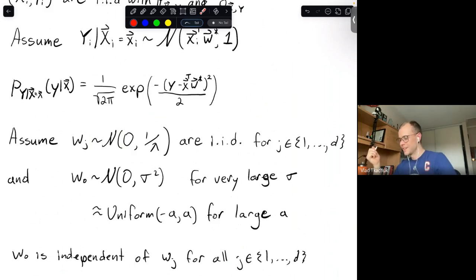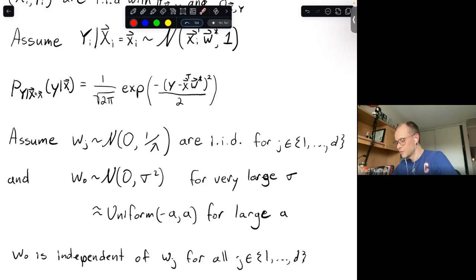And how likely that is to happen is dependent on this variance. And so what we'll see is that if lambda is really, really large, then the variance is 0. And if the variance is 0, then we're very, very confident that wj is 0, which means that we think the weights are really close to 0 or exactly 0.